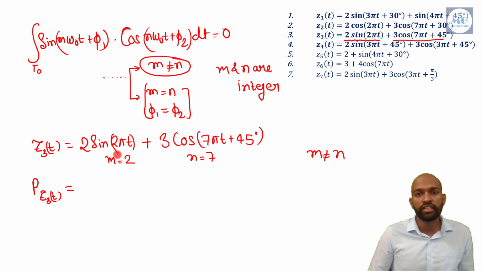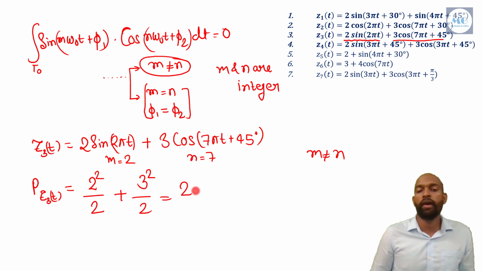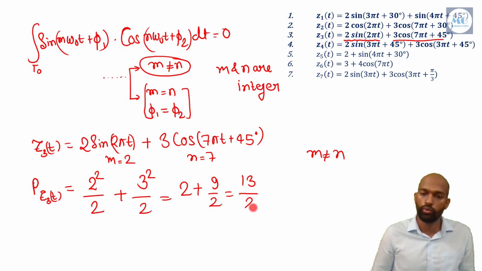Power of any sine function is its peak amplitude square by 2, and cosine function is similar to our sine function, its peak amplitude square by 2, which will be same as our previous question. This is 2 plus 9 by 2, that is equal to 13 by 2.